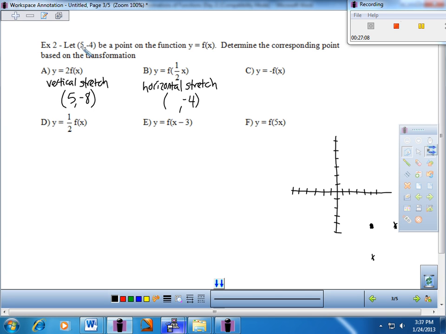What it says on the front side is take your value, your x, and divide it by 1/2. What's another way to think of dividing by 1/2? Well, multiply it by 2. And so 5 divided by 1/2, or 5 times 2, is 10. And so that, if you can picture it, 10, negative 4, now stretches it out here by a factor of 2.